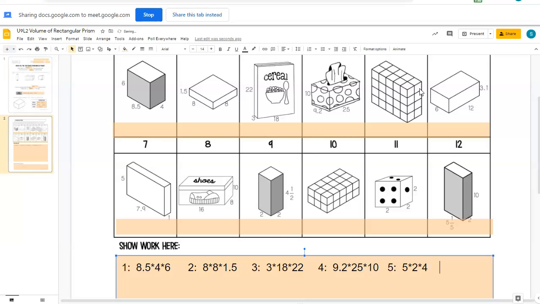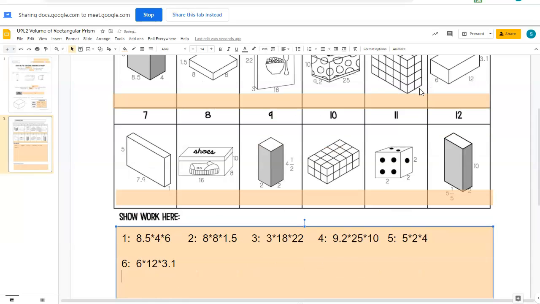For number 6, it is 6 times 12 times 3.1. And I'm going to put that down here. And then I'm going to start a new row for 7 so the numbers actually match up with our work area here. What is the multiplication for 7 going to be?